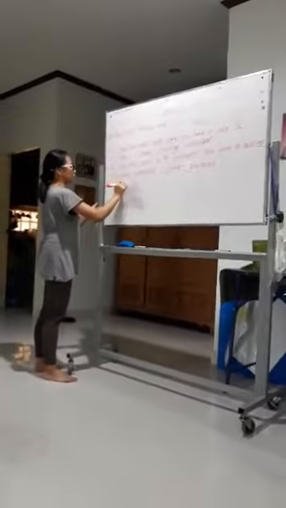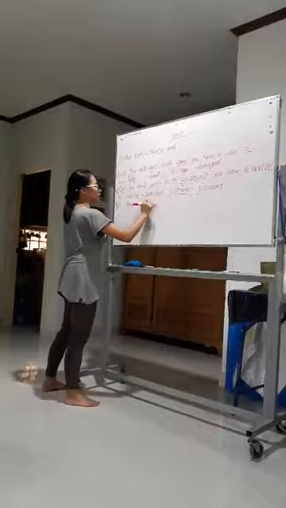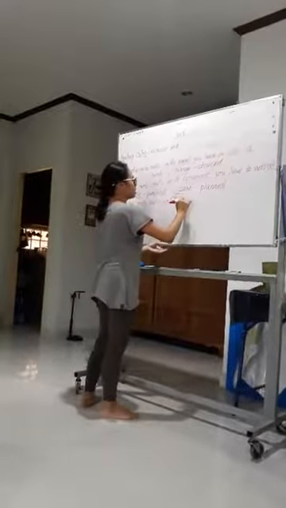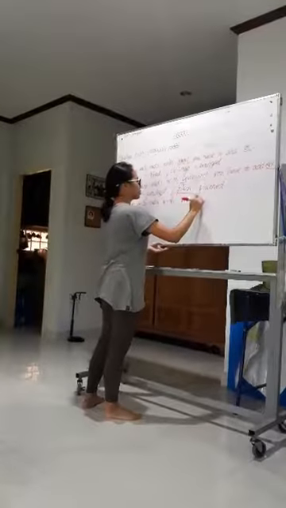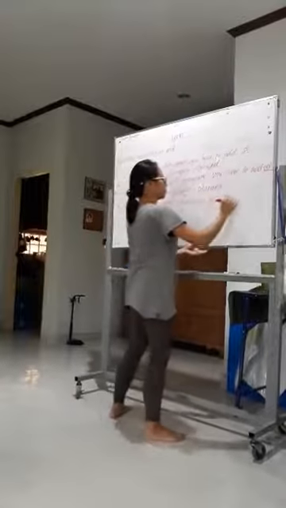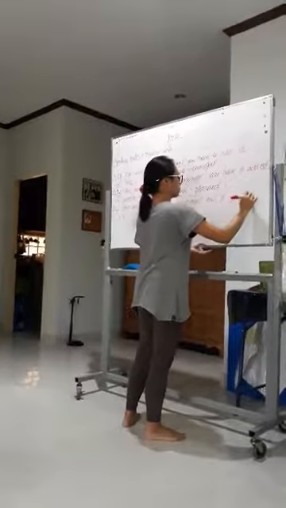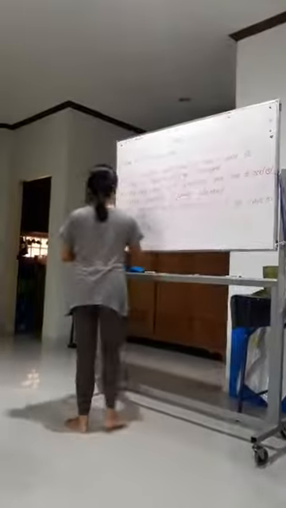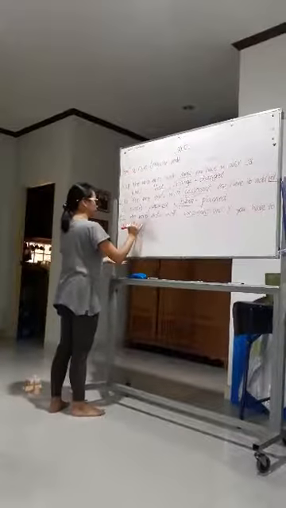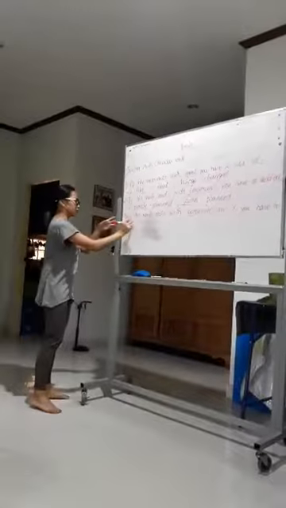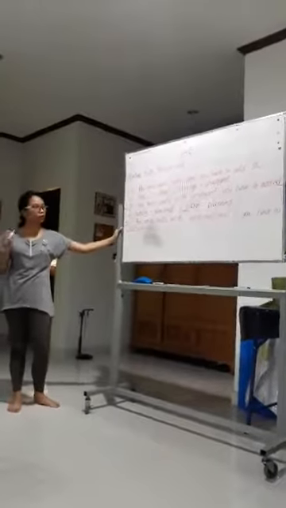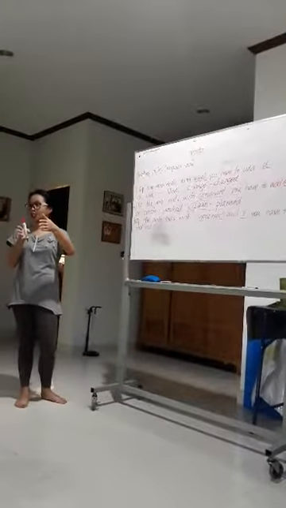Okay, now another example. If the verb ends with consonant and Y. So now we are going to look for consonant and Y in the ending of the word.